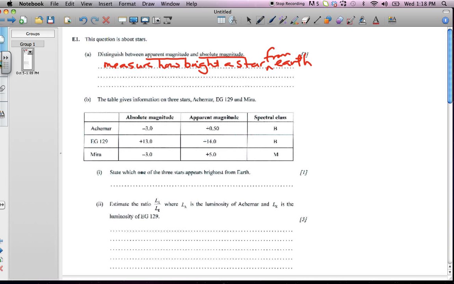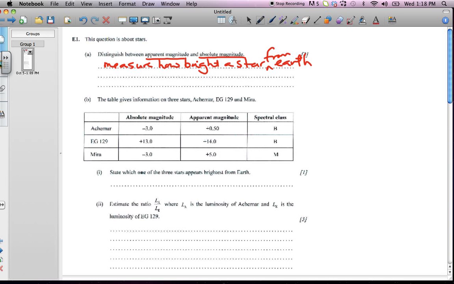Now, I'm not going to write these out in full. You do have the actual mark scheme so that you can read them in full there, and you should be able to get it also from your notes and so forth. The absolute magnitude is the apparent magnitude when seen when the star is 10 parsecs away.